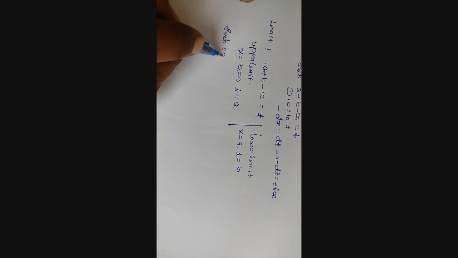Substitute in 1, we get the RHS is equal to integration of b to a f of t into minus dt, which is also equal to minus integration of b to a f of t dt.